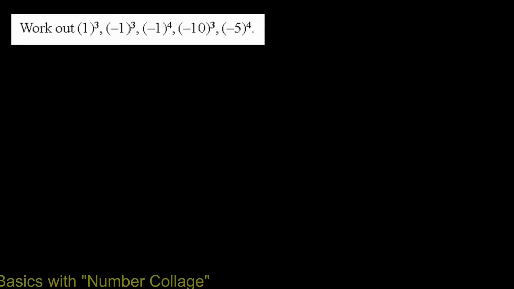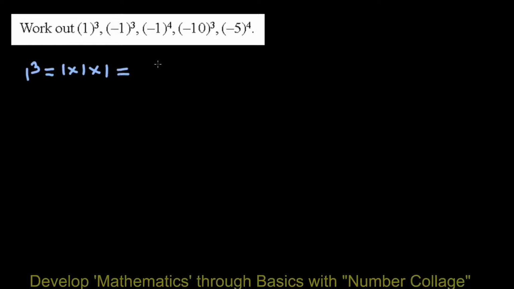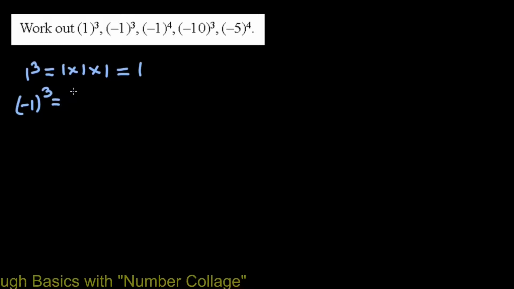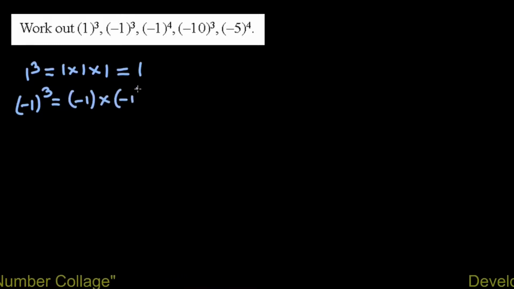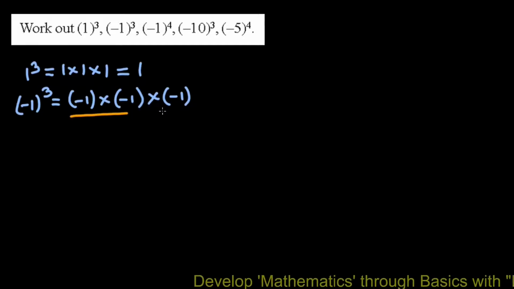Work out 1 cube minus (minus 1) cube minus (minus 1) raised to 4 minus 10 cube minus 5 raised to 4. First, 1 cube will be 1 multiplied by 1 multiplied by 1, 3 times. So that gives us 1. Next, minus 1 cube is minus 1 multiplied by minus 1 multiplied by minus 1. Minus 1 into minus 1 will be plus 1.